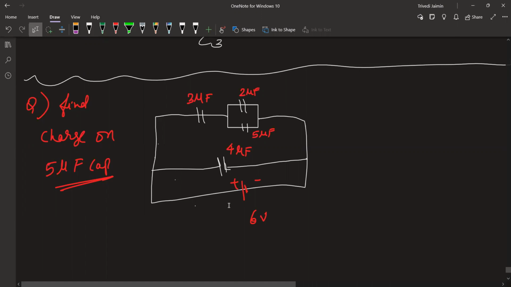Yes, Sai. Till where you reached? Did you find the total equivalent capacitance?